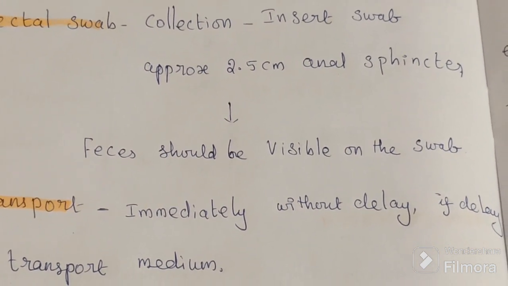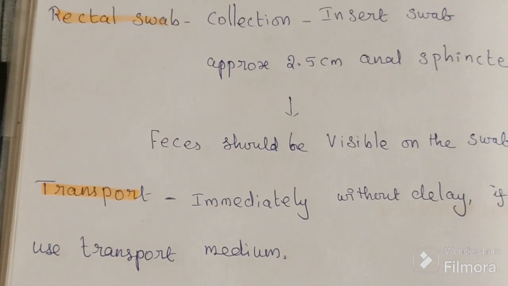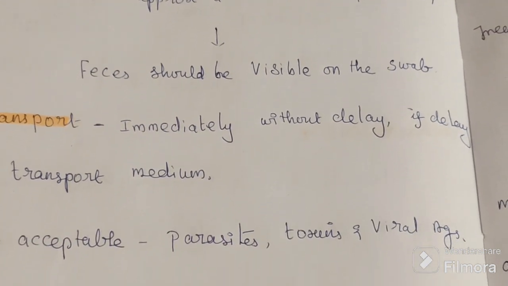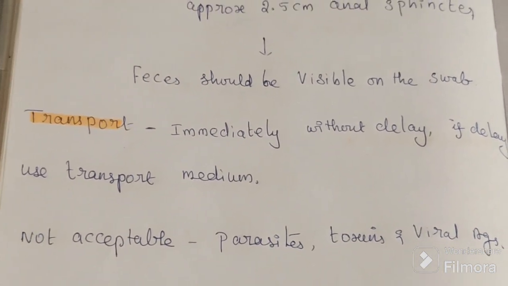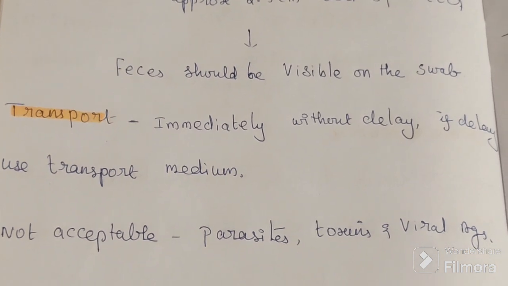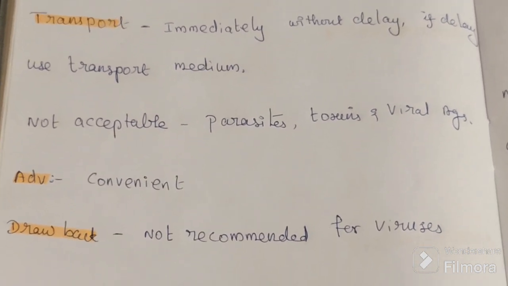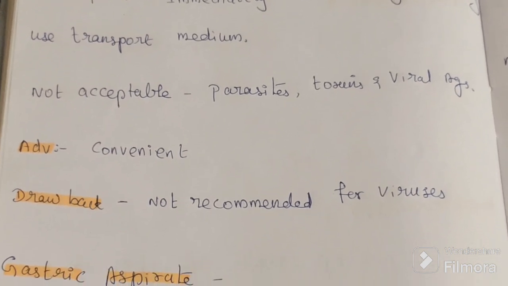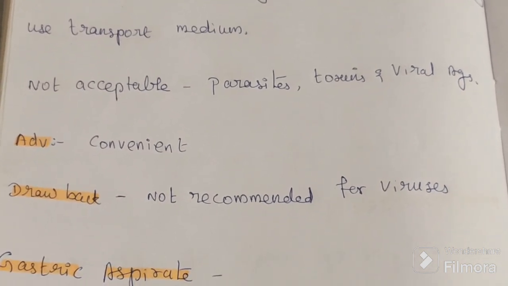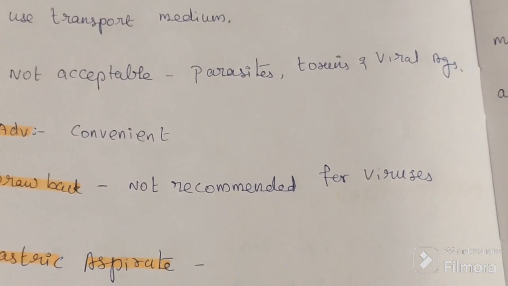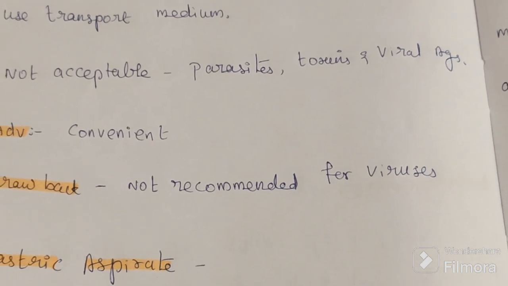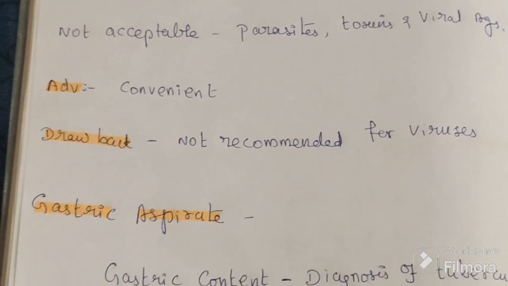Feces should be visible on the swab. Transport immediately without delay; if delayed, use transport medium. Advantage: this is a convenient method. Drawback: not recommended for viruses; used for bacterial identification.